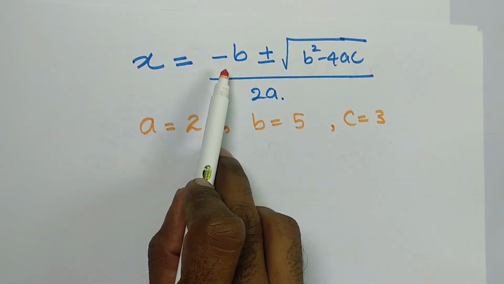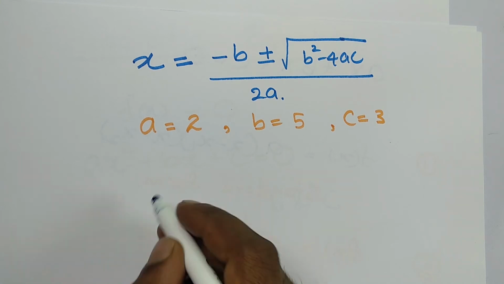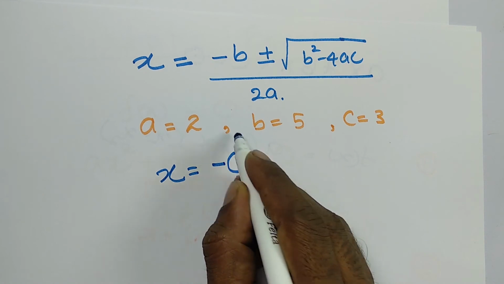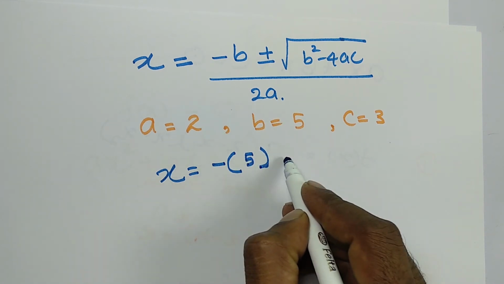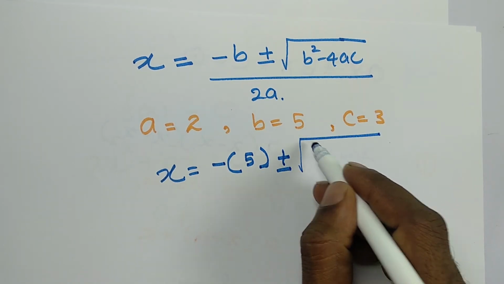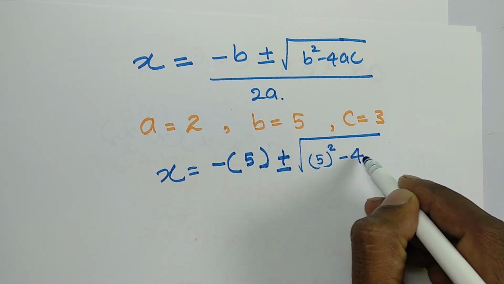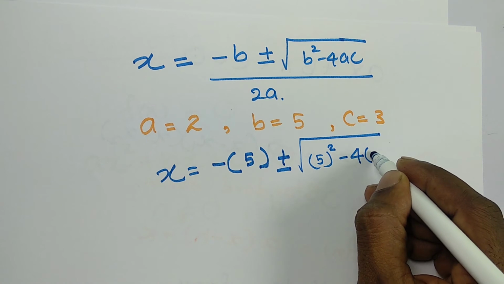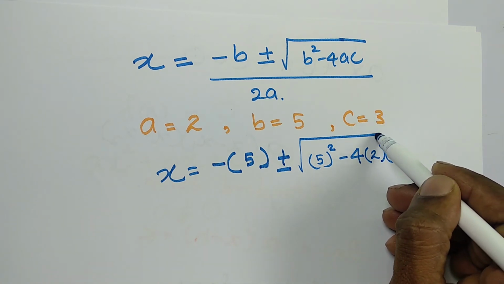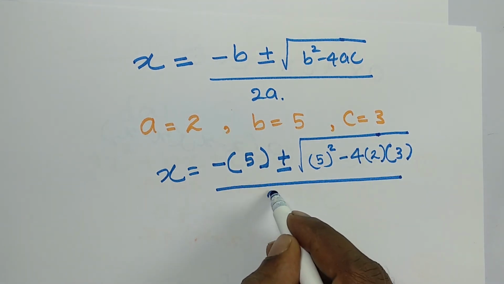Now I am going to place these values in this equation. x equals minus b, which is 5, plus or minus the square root of b squared, 5 squared, minus 4 times a, which is 2, and c, which is 3, all divided by 2 times a.